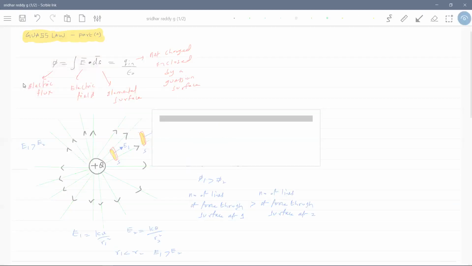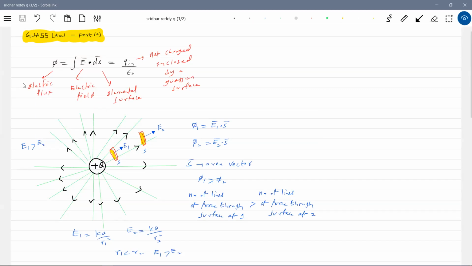To make that thinking uniform, because there is no uniformity in the number of lines of force, the idea of electric flux is brought in.